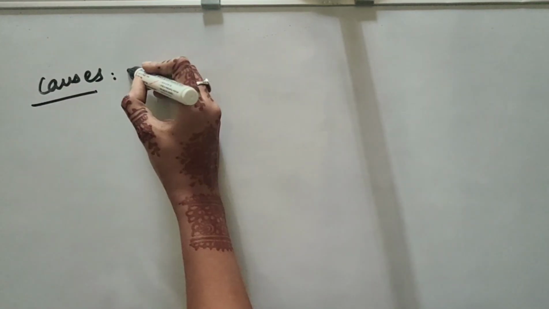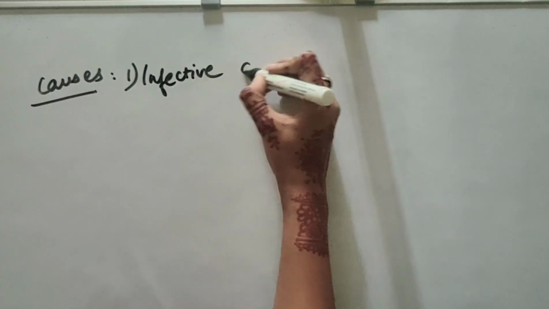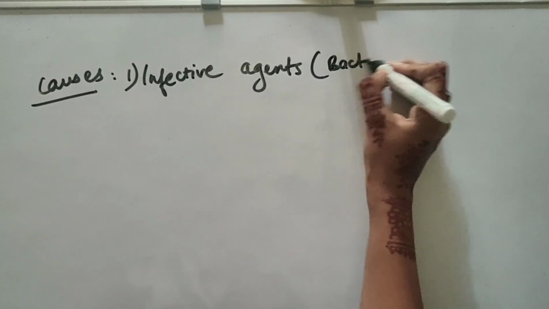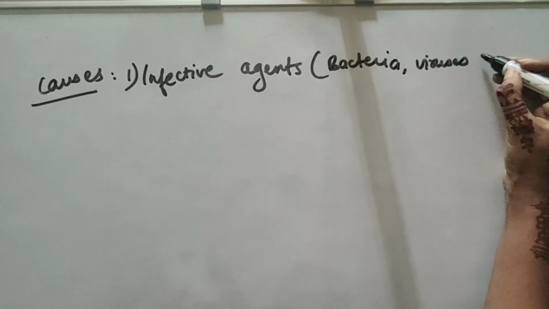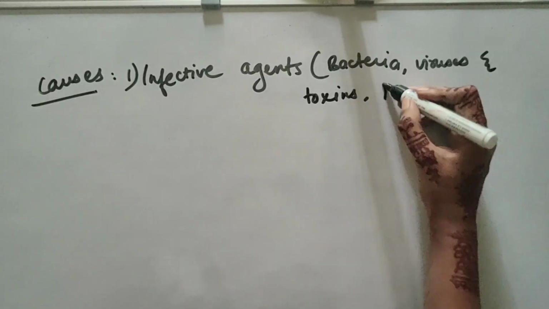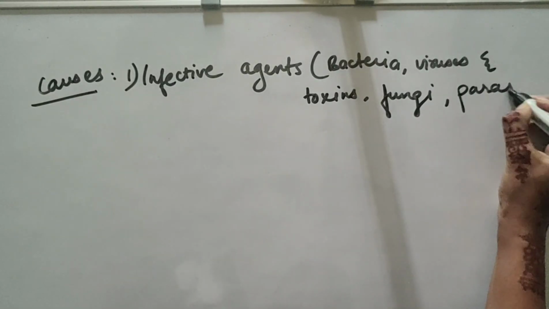Okay, so the very first we have the infective agents like bacteria, viruses and their toxins, fungi and parasites.